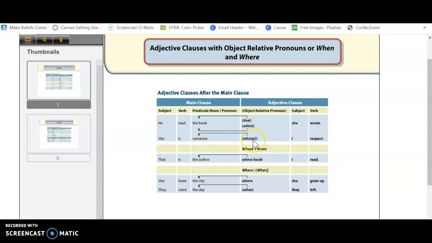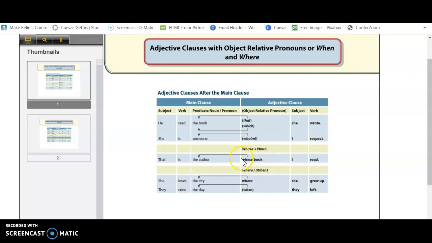So now we have, she is someone whom I respect. And again, some students make this mistake and they say, she is someone whom I respect her. Well, we can't use it because that object is already here. That's what we call the object relative pronoun, because it works as an object in this particular clause.